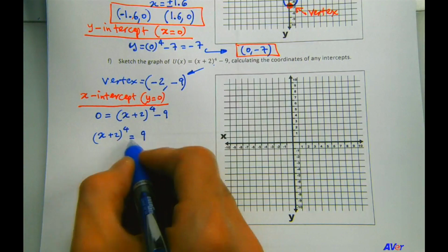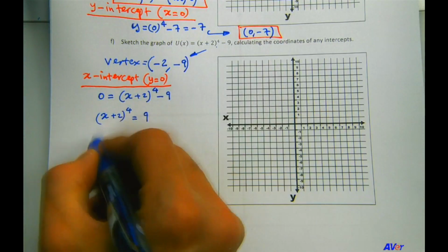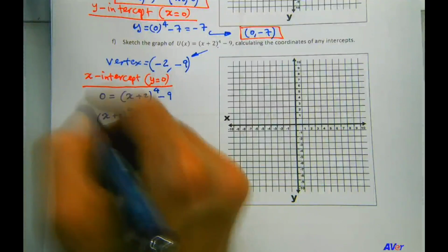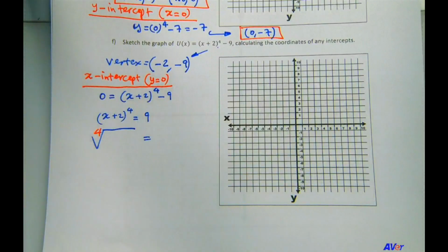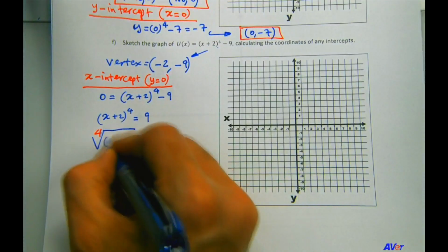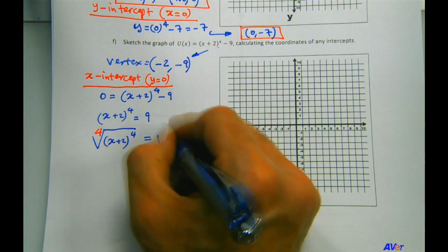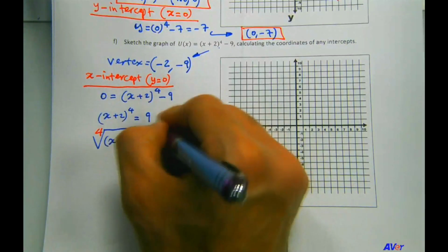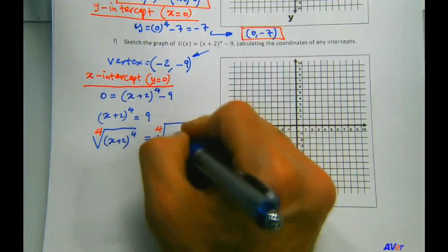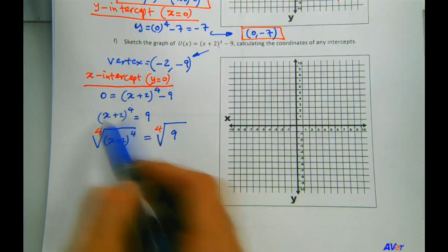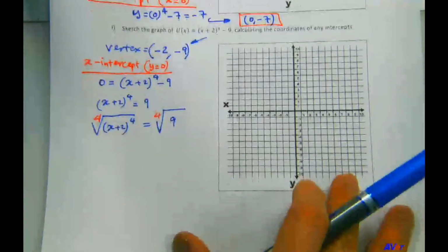Right? And then let's take the 4th root of, not the second root, but the 4th root of both sides. So we're going to have the 4th root of x plus 2 to the 4th power, and we're going to have 4th root of 9, right? 4th root because this power is 4. To cancel it, we have to take the 4th root, not the second root.